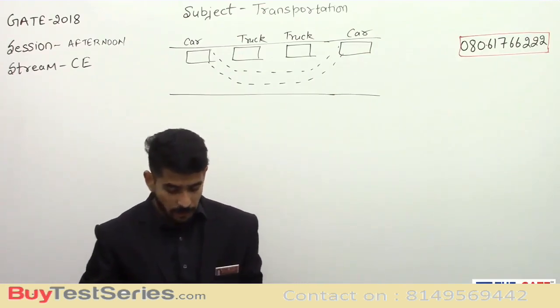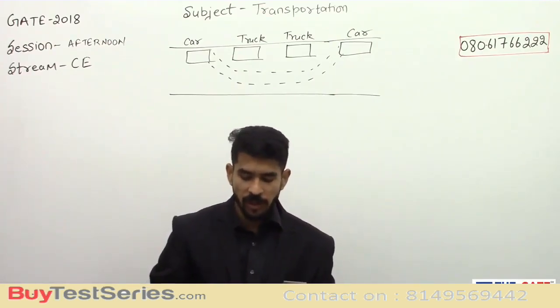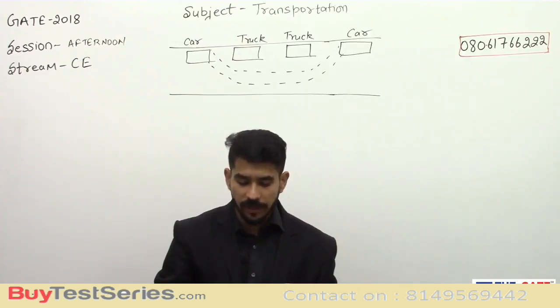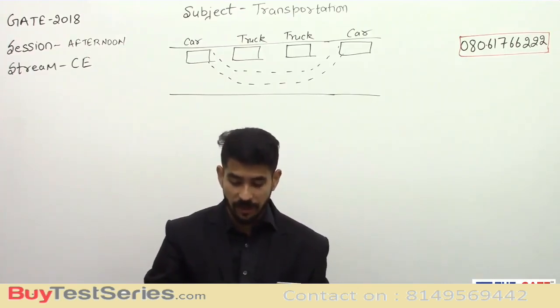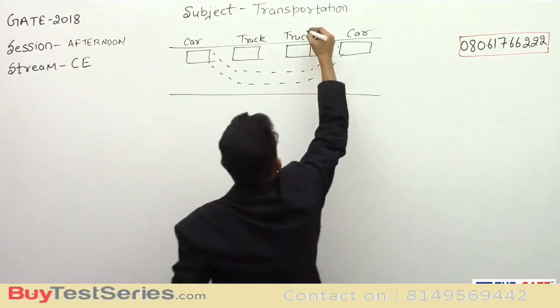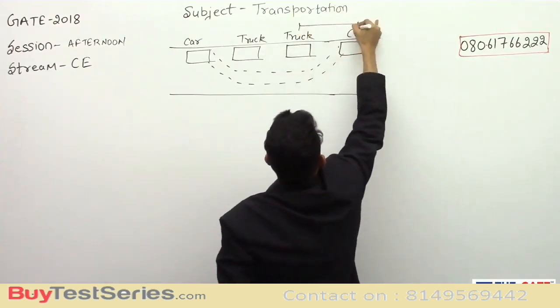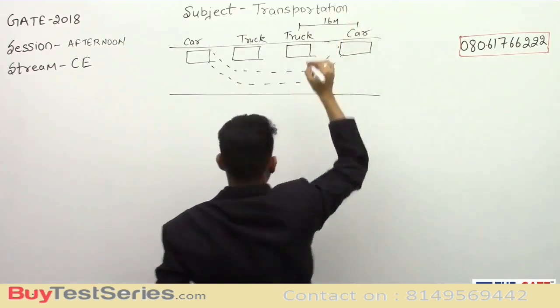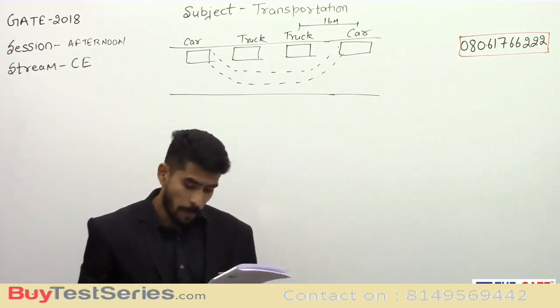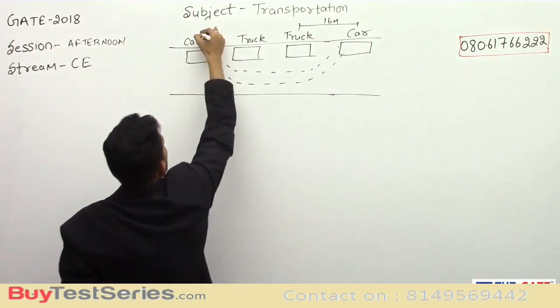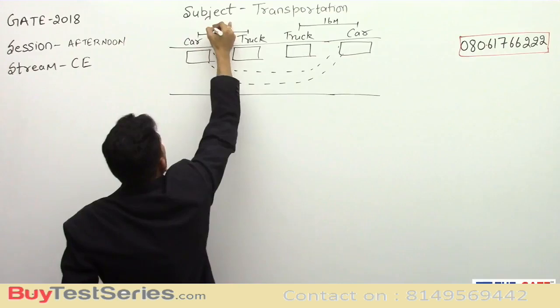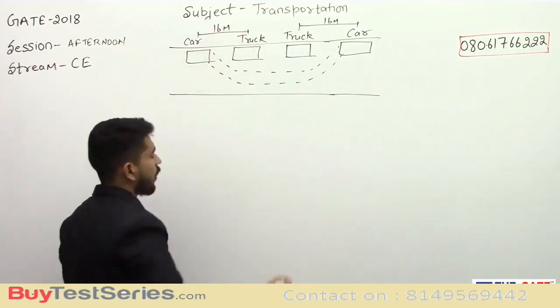Then what he says is, when it returns to its original lane, the distance between the car and the truck is 16 meters. So here he says this distance is 16 meters, and initial distance was also 16 meters.